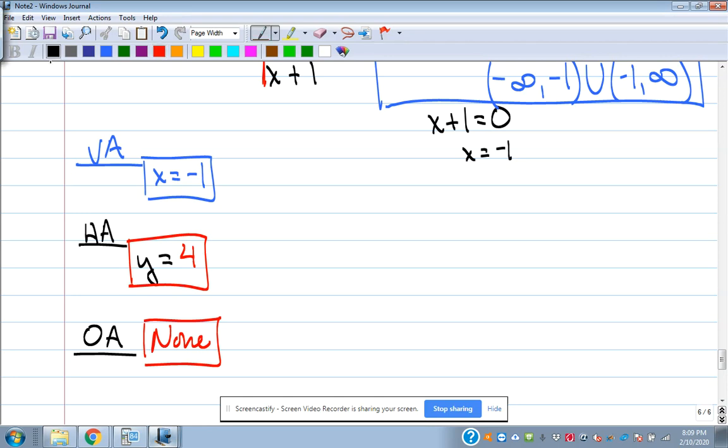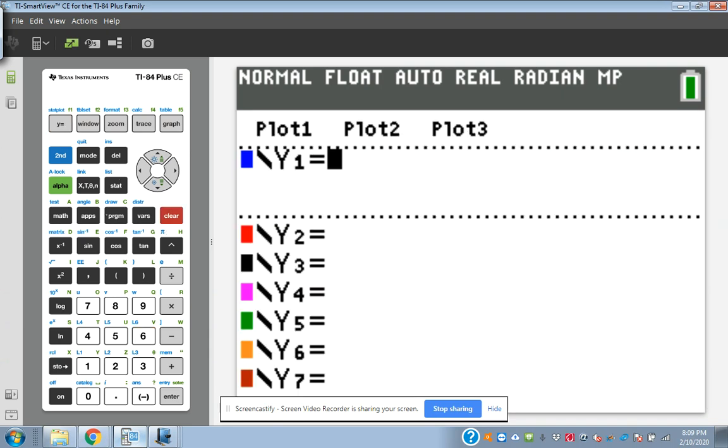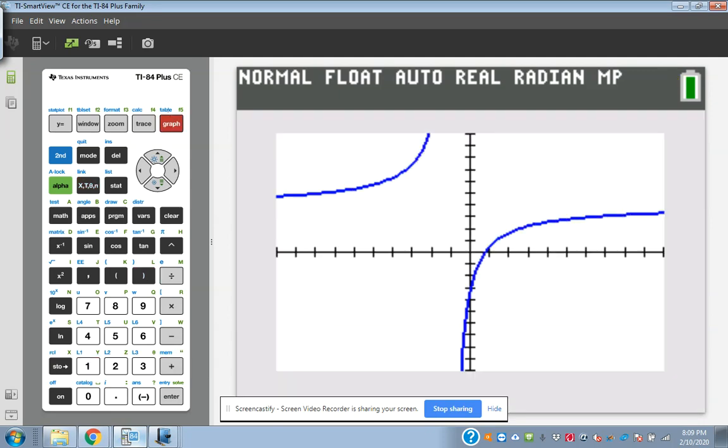All right, graph. Let's look at the graph. This one's a little easier to type in because it's pretty short. Parentheses 4x minus 3 divided by parentheses x plus 1. Graph. And we see the horizontal asymptote and the vertical asymptote at -1.